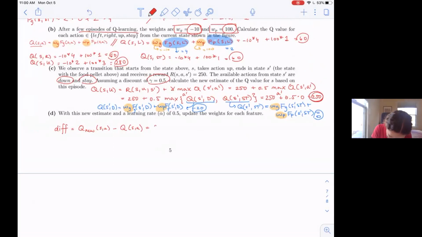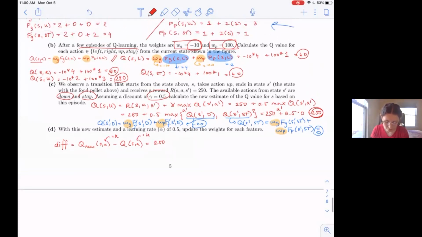So we have 250, where action equals U and our state equals S. And what was our old value of Q of S, U? Well, it was 280 over here. So minus 280. So this is going to end up in a difference of minus 30.